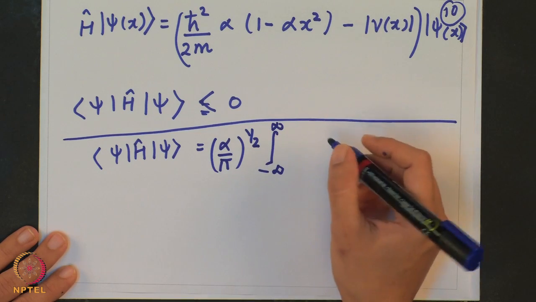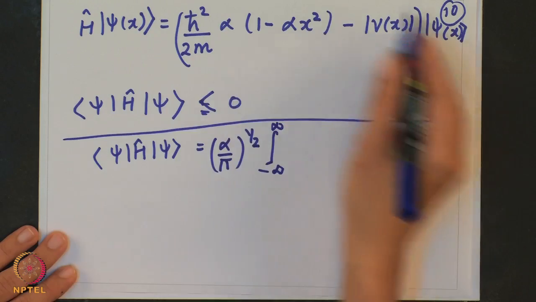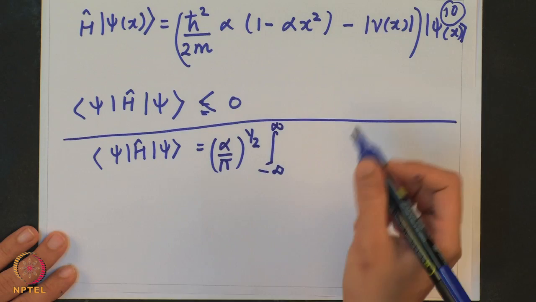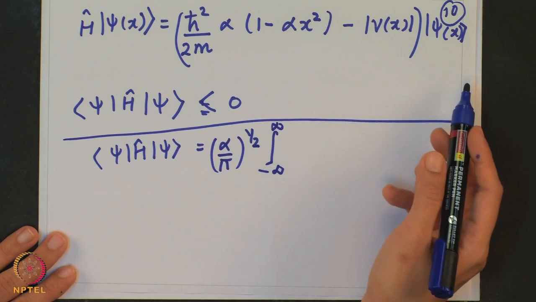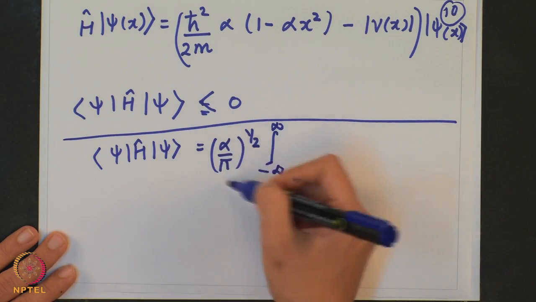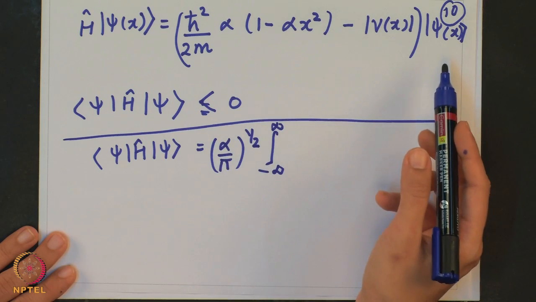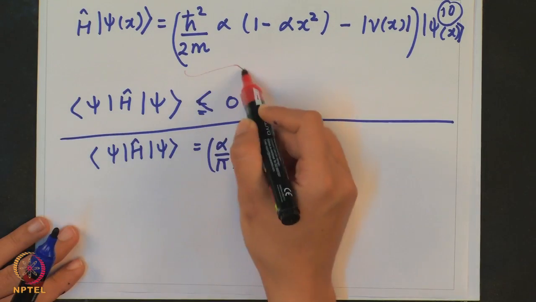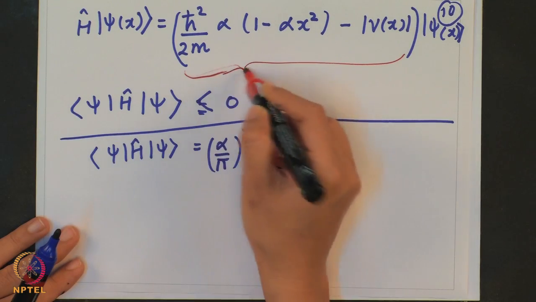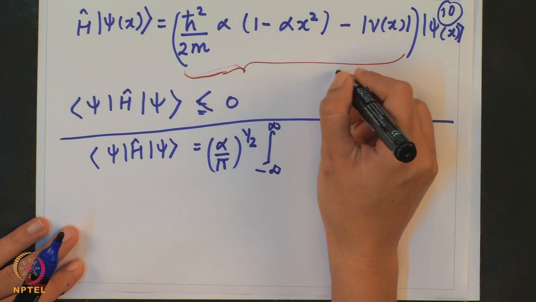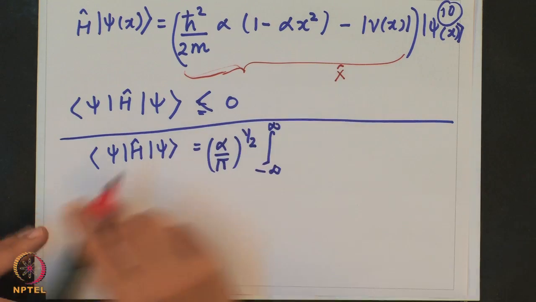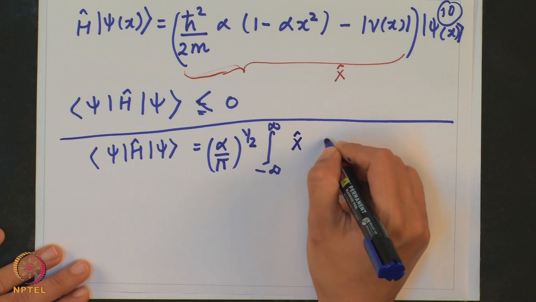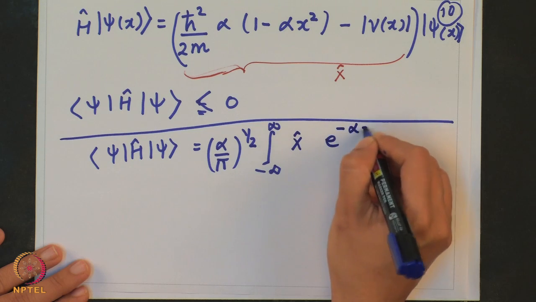From minus infinity to infinity, I have this entire expression and I have psi star psi. One part I have already written. So, you will have e raised to minus alpha x square.